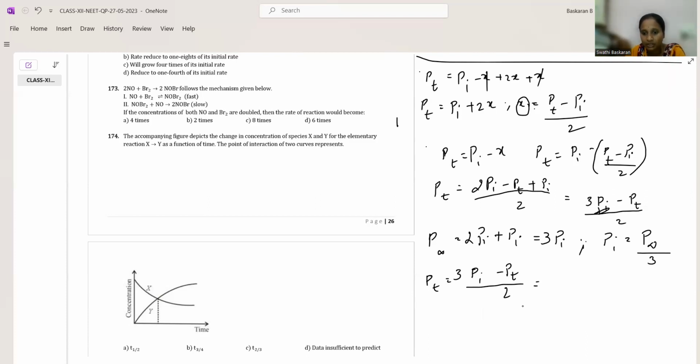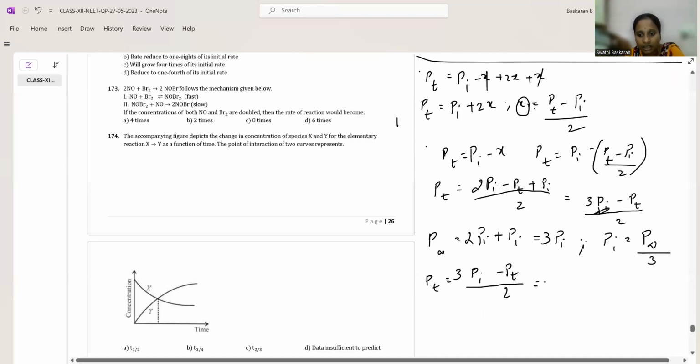So if you are substituting P infinity by 3, what will happen basically? Here it will become 3 into P infinity by 3, which means that this 3 and this 3 get cancelled, so minus Pt by 2.